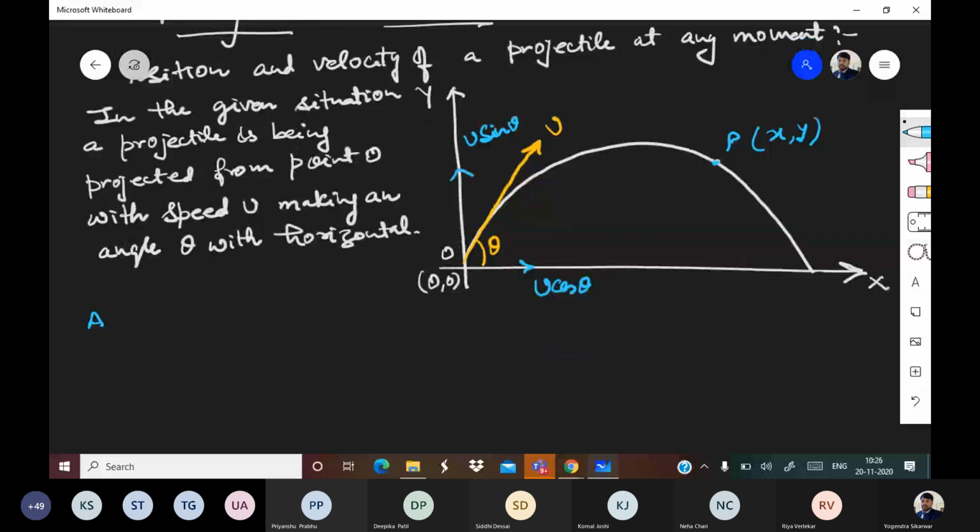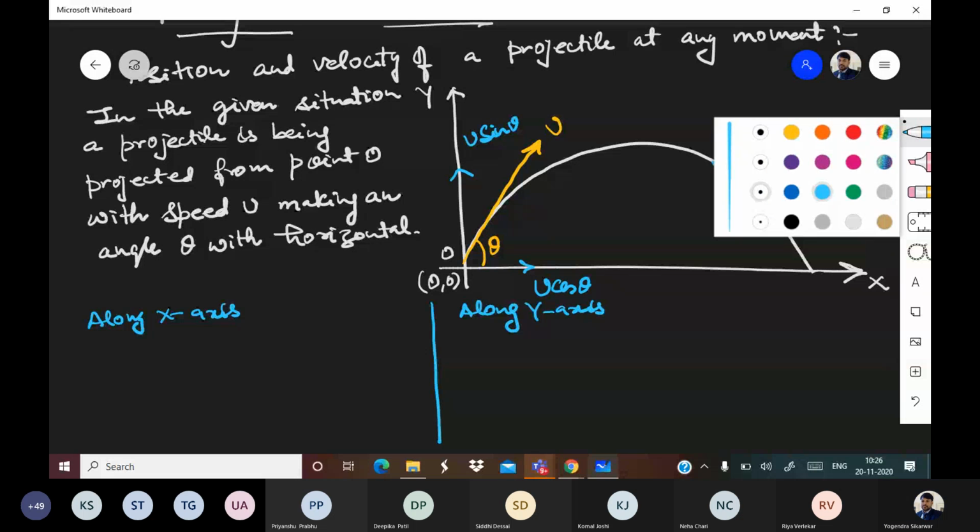So, along x-axis, you can call it along horizontal also. Along y-axis, you may call it along vertical also. So along x-axis, how much is ux?